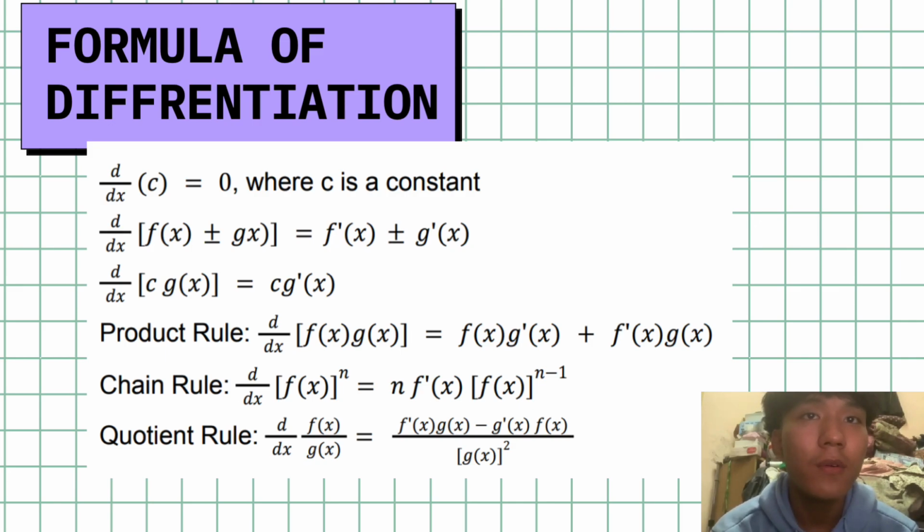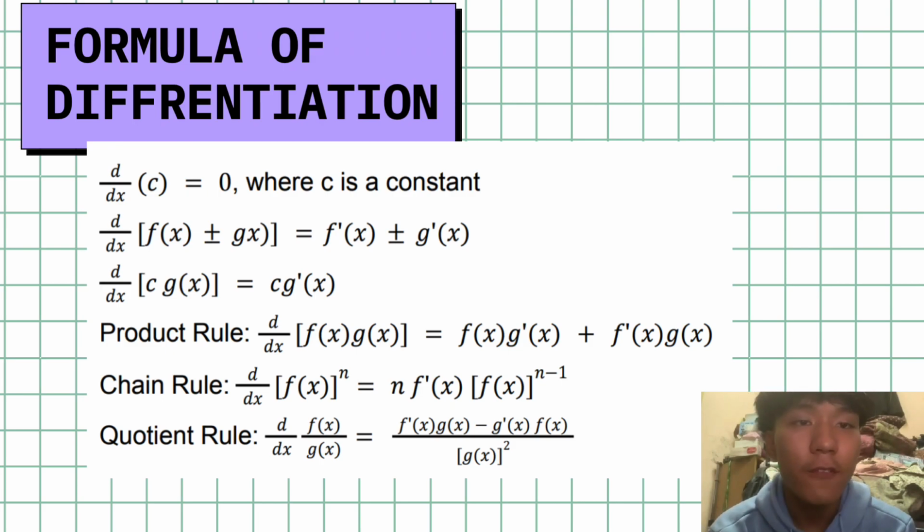For the fourth one, the product rule. The equation is d over dx of f(x) g(x), so f'(x) times g(x) plus f(x) times g'(x). Next we have the chain rule, d over dx of [f(x)]^n equals n f'(x) [f(x)]^(n-1).